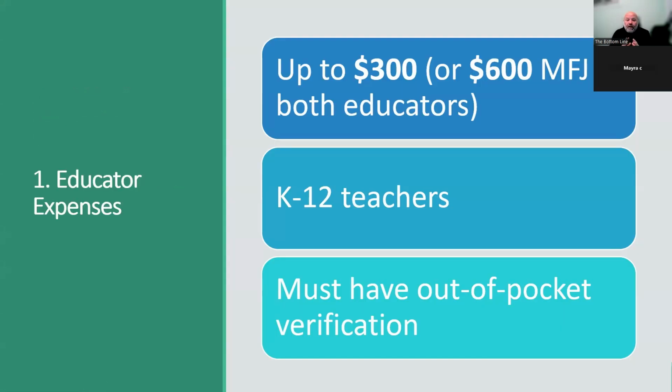An educator is anyone who's teaching K through 12, not college professors. A lot of times the college professors will come in and say, I want the educator expense deduction. No, you don't get it. It's up to $300, or $600 for married filing jointly if both are educators. So they have to be teachers, working in a school district.